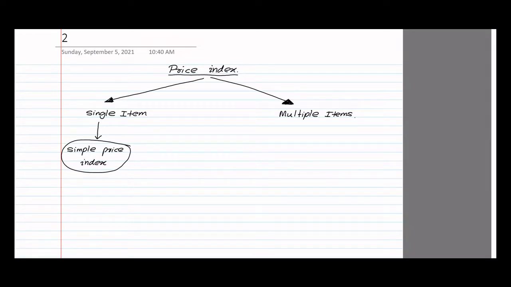Then for multiple items, there are two things: average price relative or aggregate relatives.